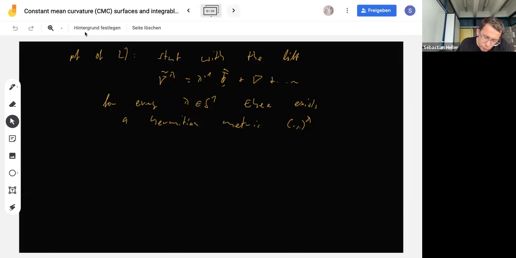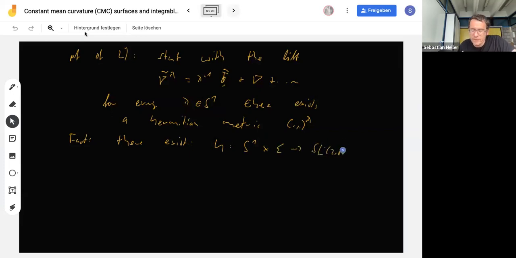So we can prove the following thing: there exists a unique map H, or H lambda, maybe H in the loop group. Better to say, there exists a map H from S1 times our Riemann surface into SL2C.